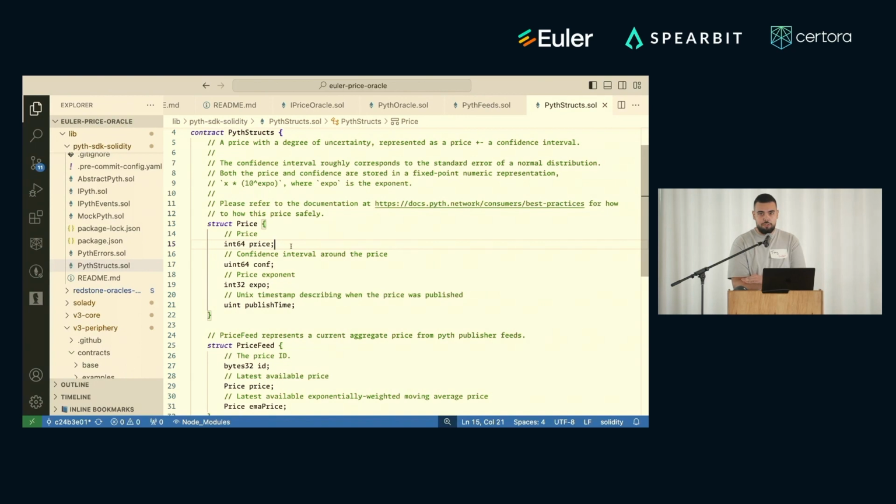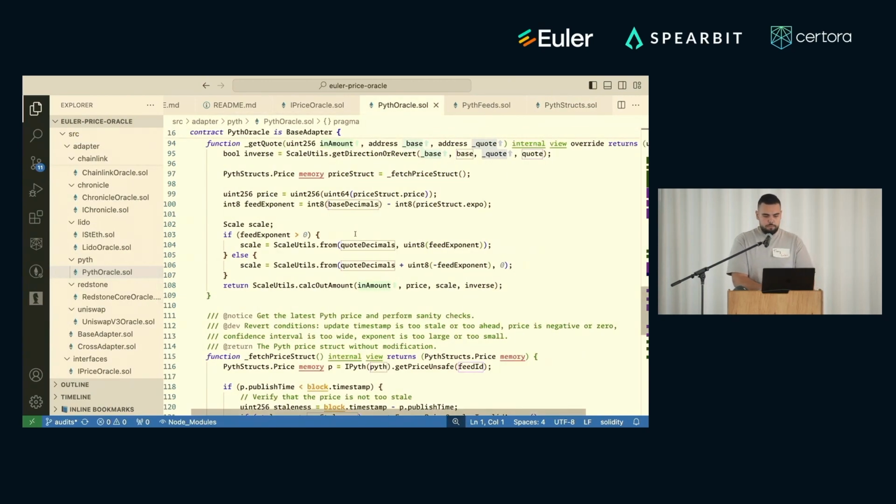Now, this is because your oracle node is pulling in from different price sources, which never have the same exact price, and rather than collapsing that down to one metric, Pyth gives you the median price, but also gives you the interval. And the tighter the interval, usually, the more confident you are of this price.